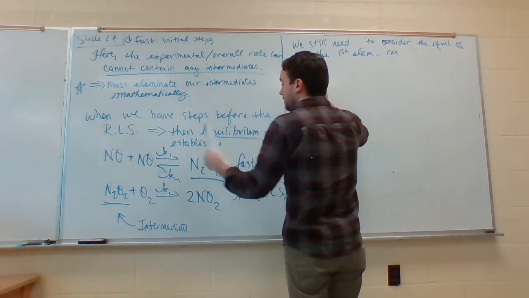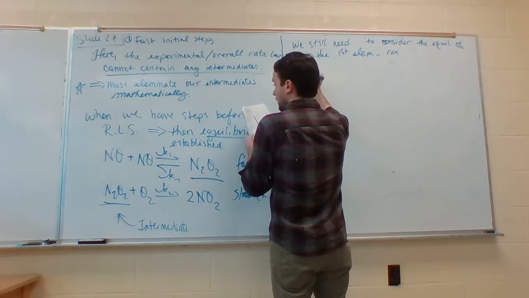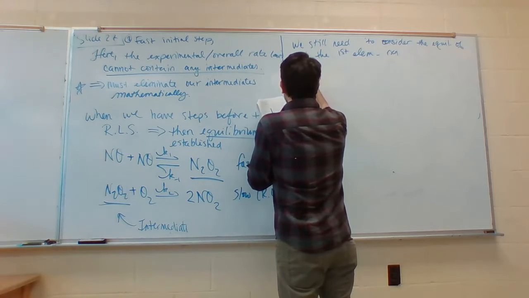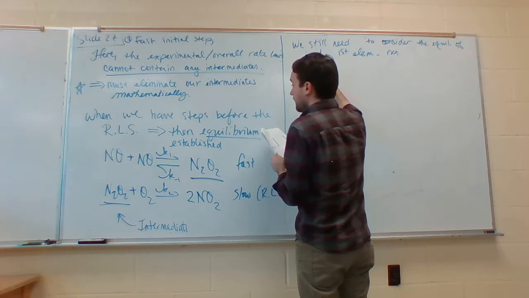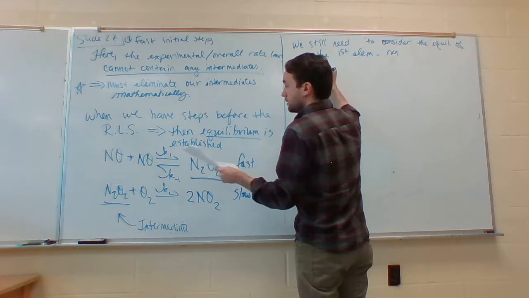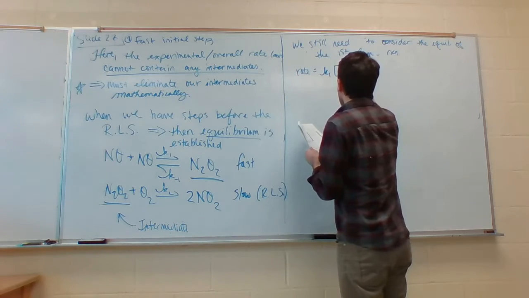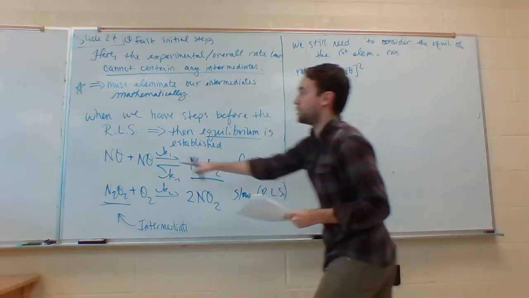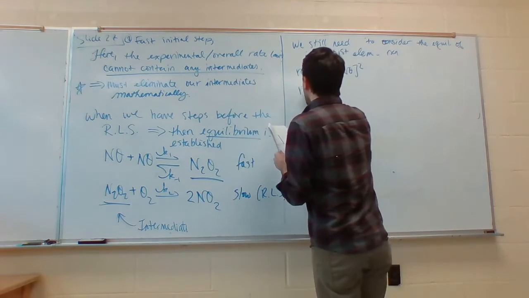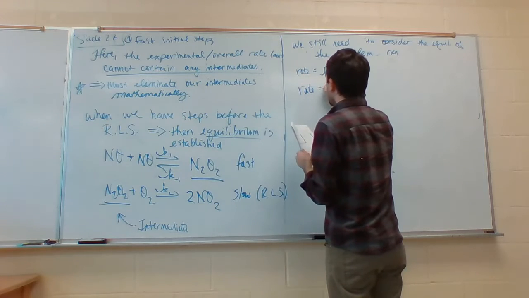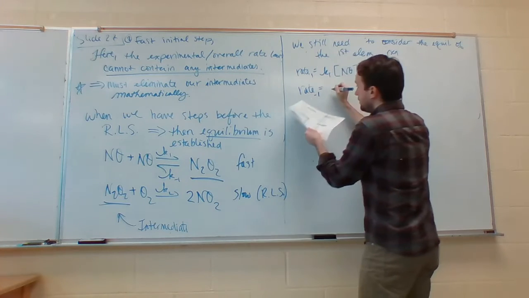Notice that we have one going forward, okay? And for the one going forward, we have rate is equal to K1 times NO squared, right? Because we have 2 NO and we have our K1, that's going forward. We also have a rate going backwards, so this would be our rate 1, this would be our rate -1, right?